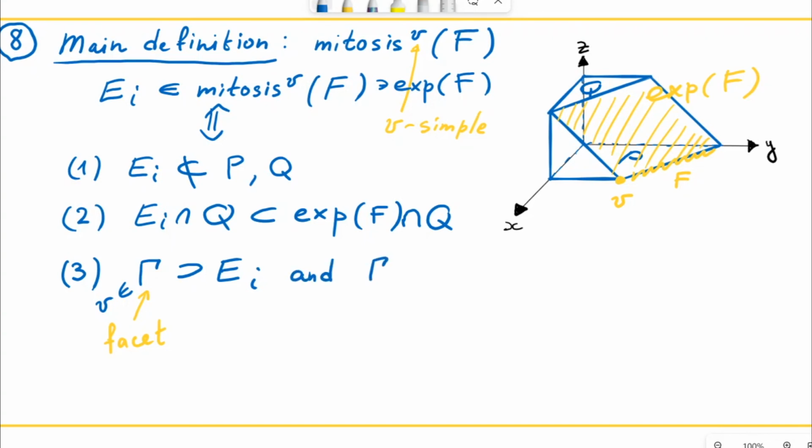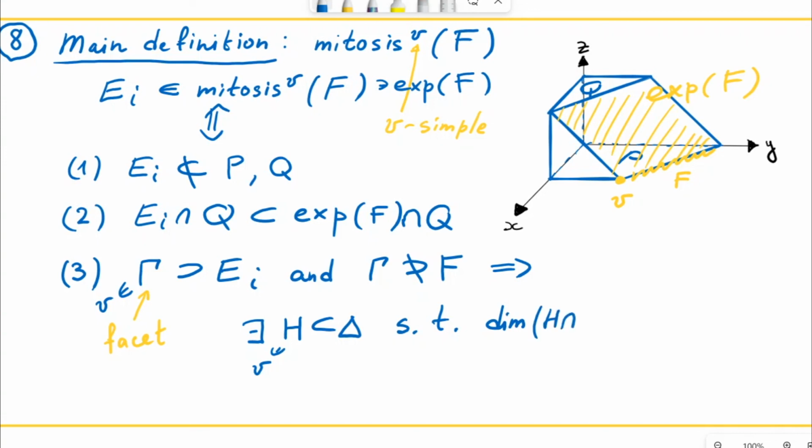So suppose we have a facet gamma, which does contain Ei, and again, it should also contain V. Then either this facet also contains F, but if it doesn't contain F, then it should satisfy the following condition. There exists a face H, again, it should contain the vertex V, such that the intersection of H with Q is not in general position with gamma.